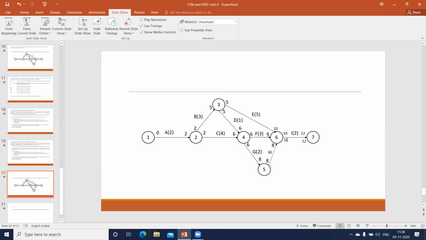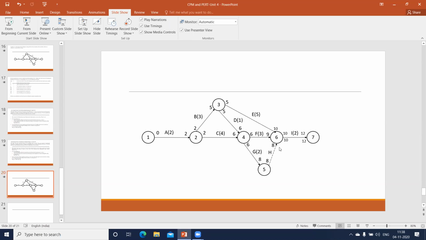Once we perform the subtraction, that is 12 minus 2, I'm getting 10. That is nothing but your LS of I, J, where I is 6 here and J is 7. Now this 10 will come here, here, and here.